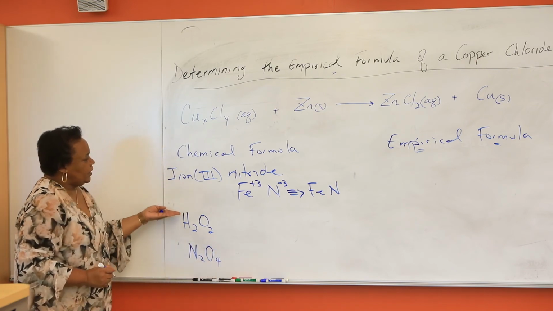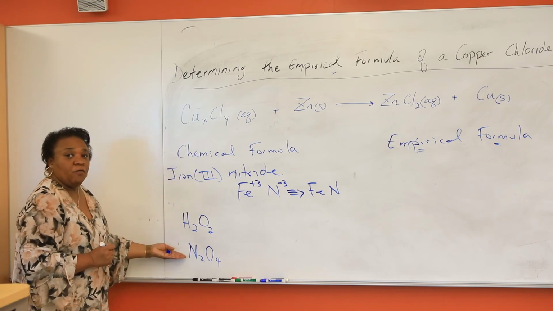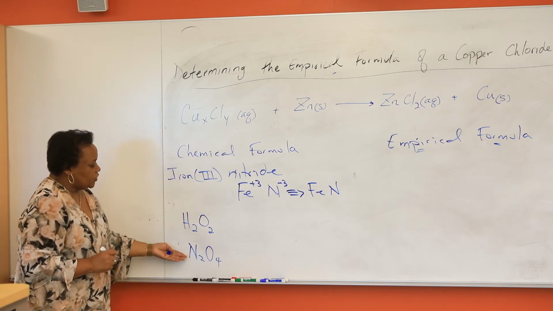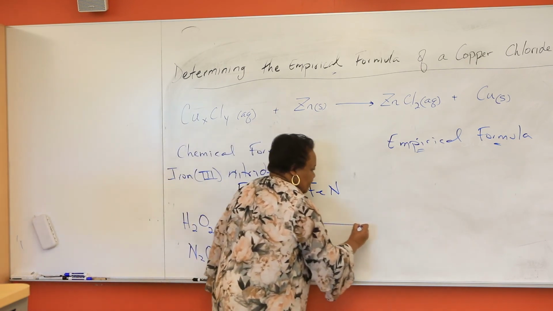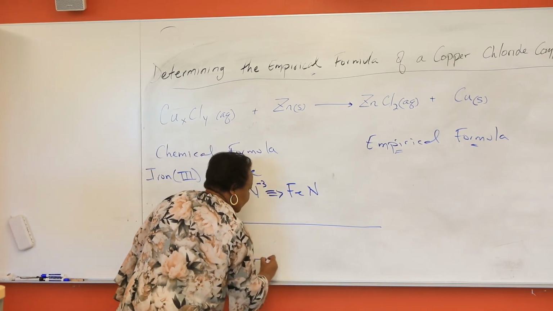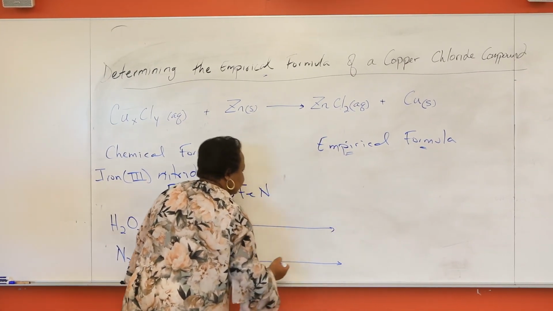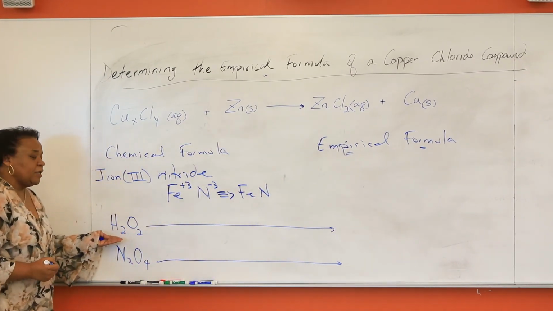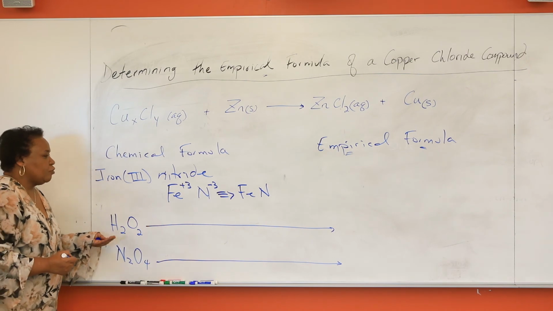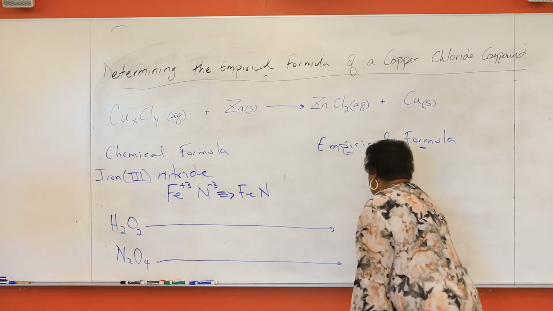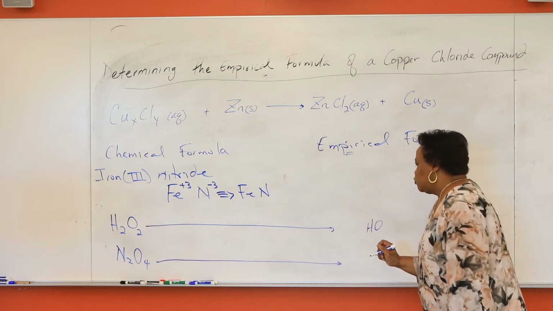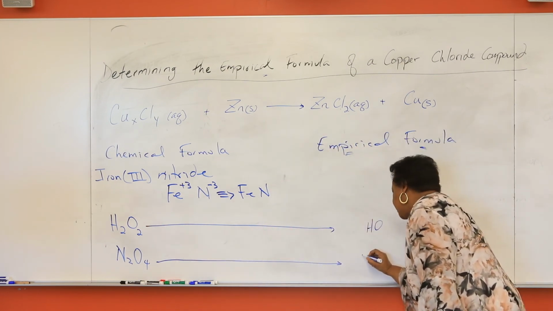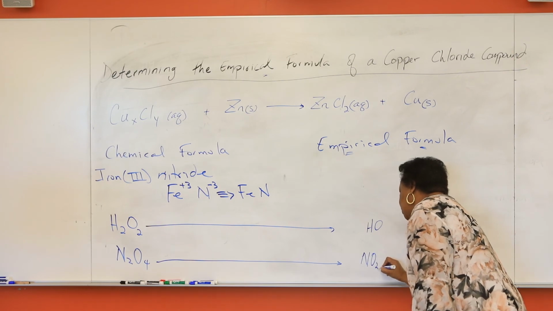Do you agree that when our compound is covalent, we don't use that simplest whole number ratio? If I look at the empirical formula for these compounds, the simplest ratio for hydrogen peroxide would be just HO. In the case of dinitrogen tetroxide, that will just be NO2.